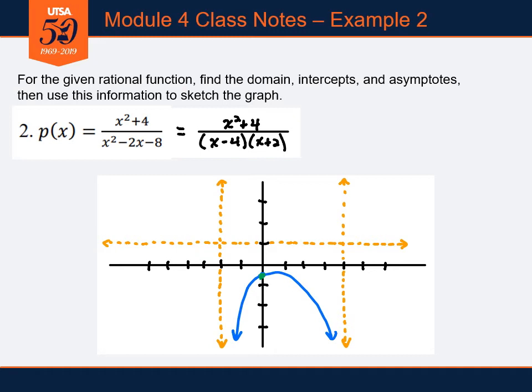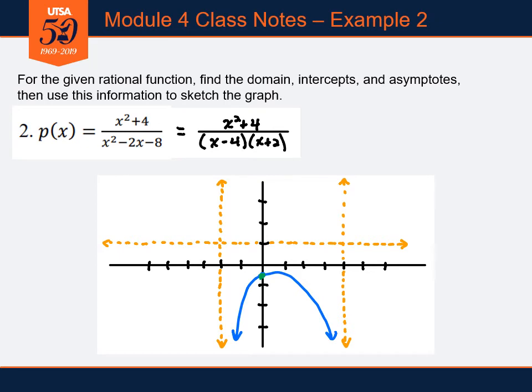But I can use logic here to say that from that one point that I know, my graph is going to approach my vertical asymptotes and never quite reach them, certainly not cross them. And I also know that I have no x-intercepts.